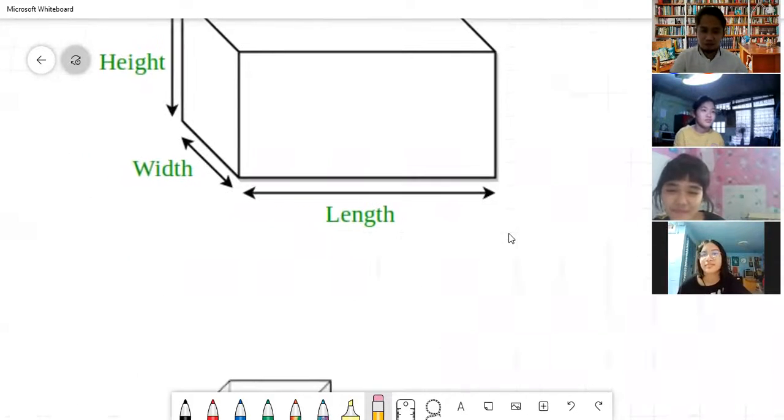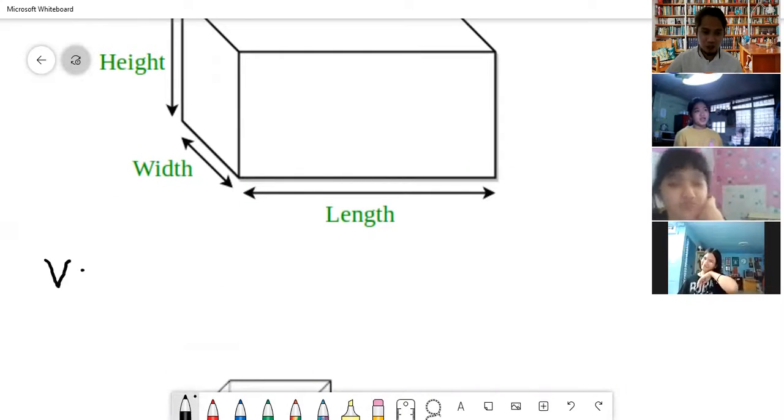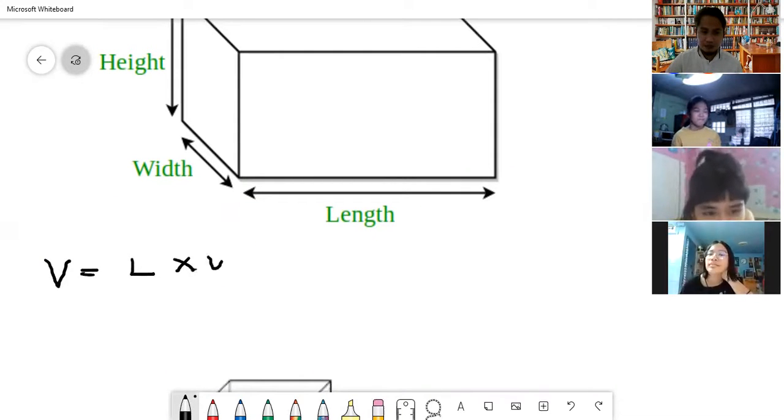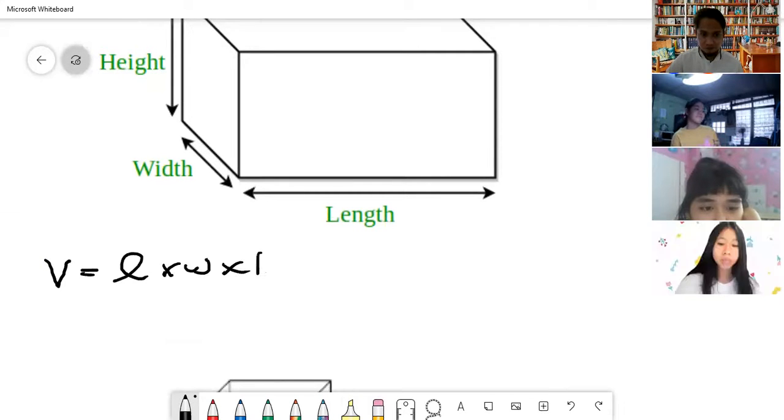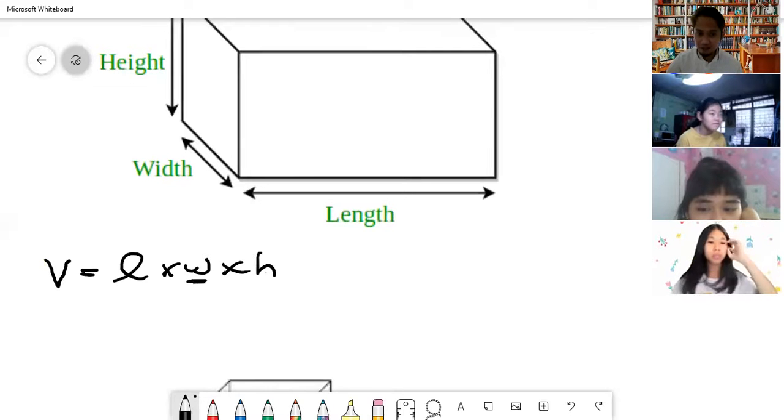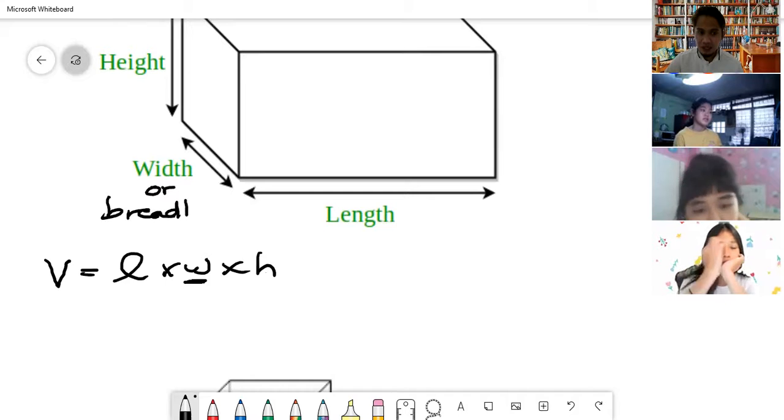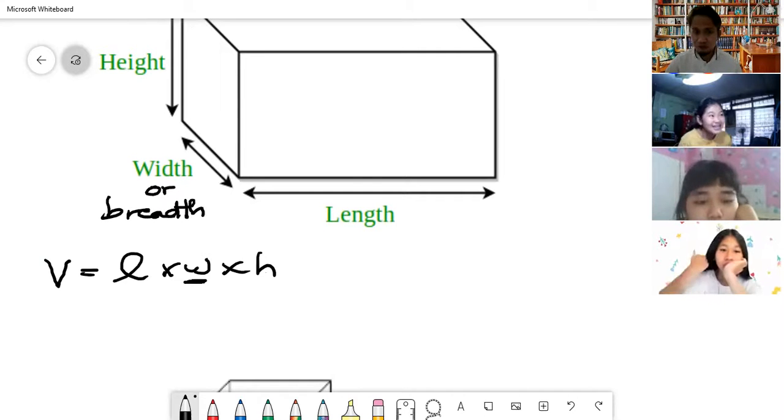Okay, so here the volume of the cuboid is equal to length times width times height. Everybody, they use B there. Letter B, no? Please do not be confused. If you see the B, that is the width.